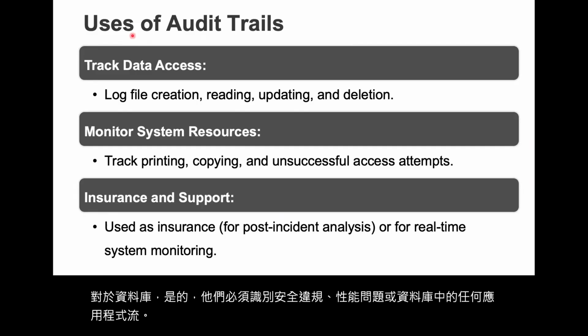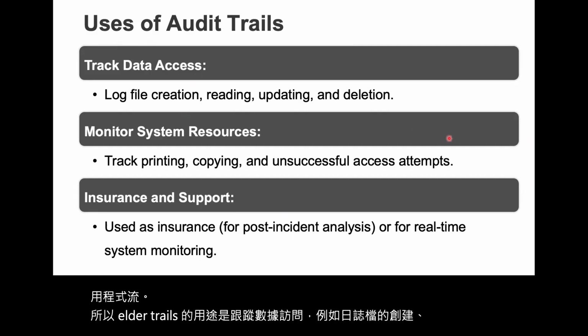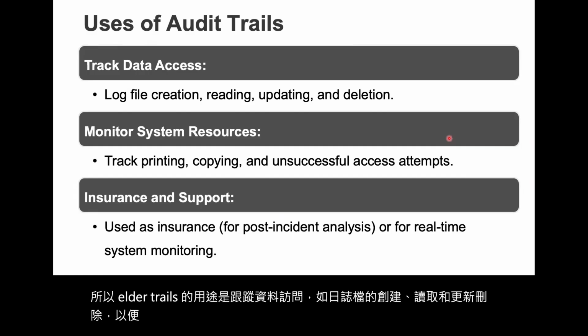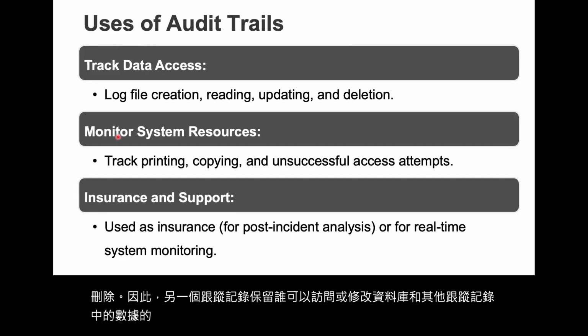So the use of the audit trails is to track the data access, like the log file creation, the reading and updating, the deletion. The audit trail keeps the records of who can access or modify the data in the database. The audit trails also monitor the system resources.